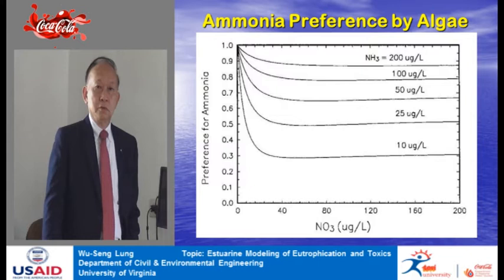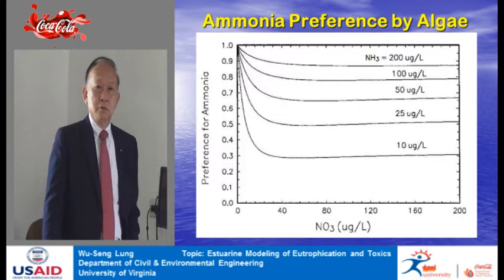One is ammonia, the other one is nitrate. Which is more, which is less? Interestingly, algae has some preference. They like to eat ammonia first. So this is a plot based on what is called ammonia preference.